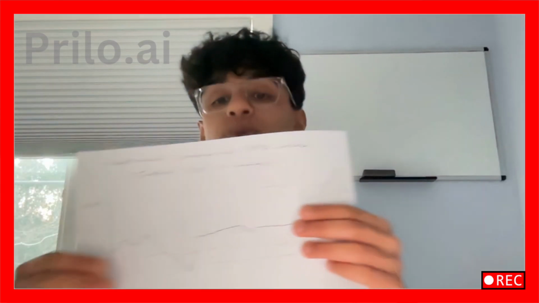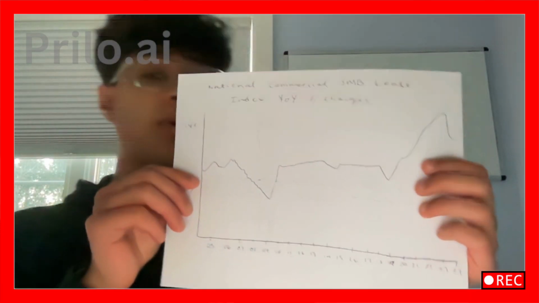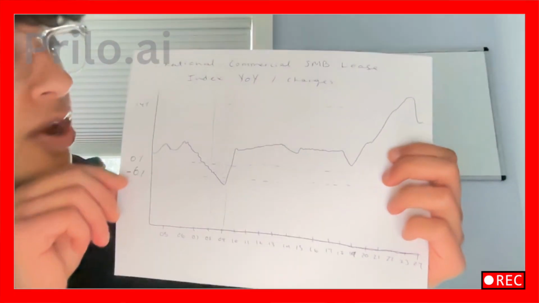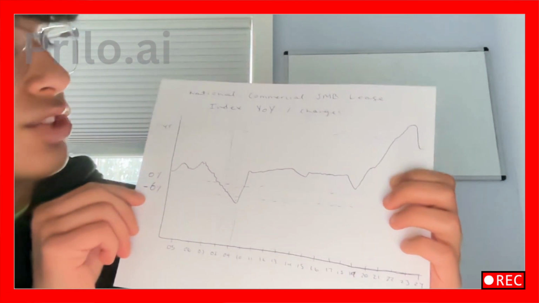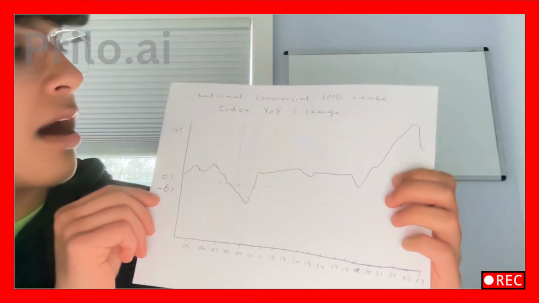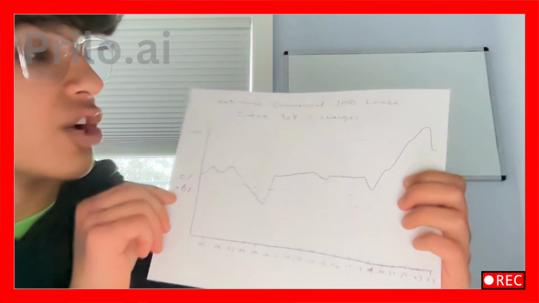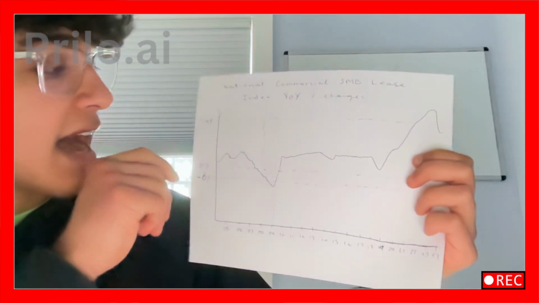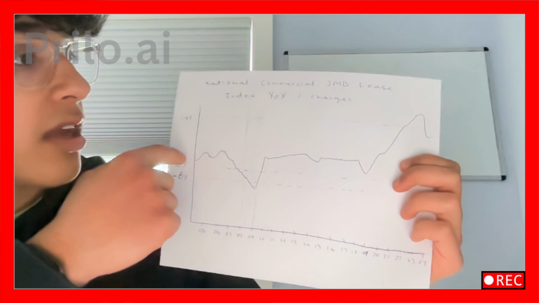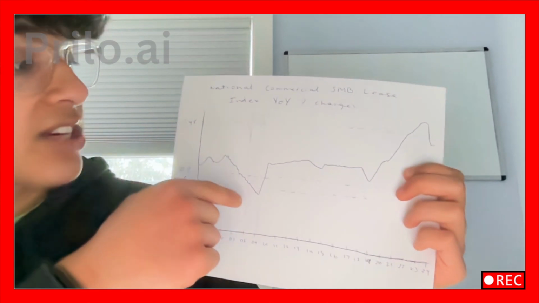And I actually want to show you guys another visual to help you understand. So here we can see the National Commercial Small Business Lease Index year over year, right? And we can see that over time, the leasing rate has actually been changing.